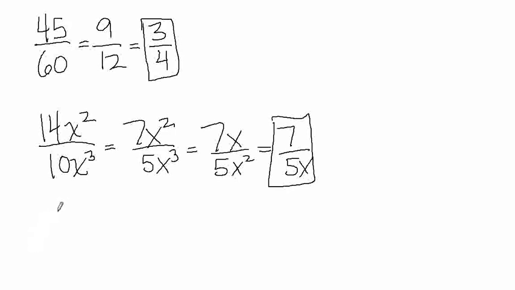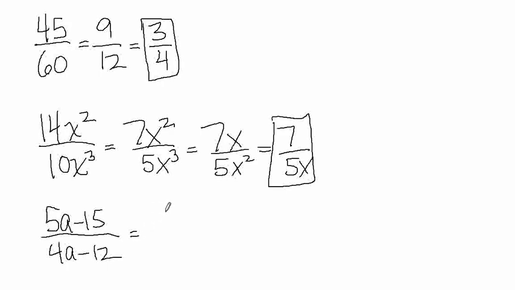Now here's another example. 5a minus 15 all over 4a minus 12. What's different about this one is that the top and bottom are not factored. It'll turn out that you will always want to factor rational expressions before you try to simplify them.